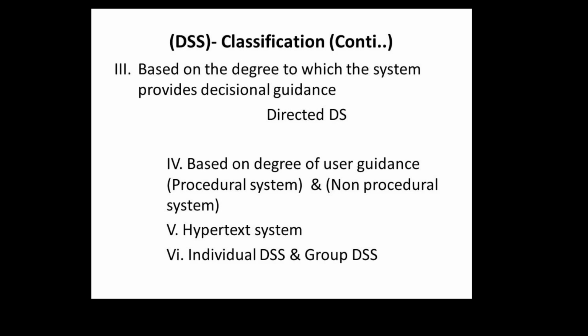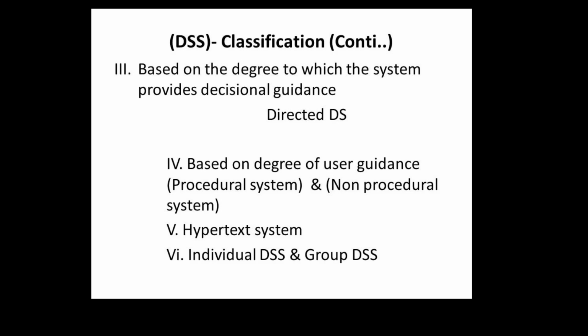So DSS can be positioned on a continuum according to their degree of procedurality. So this is about the procedural system. Non-procedural system is just the opposite of the procedural system.